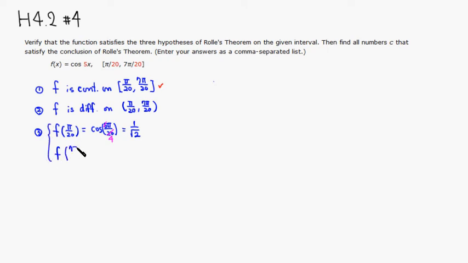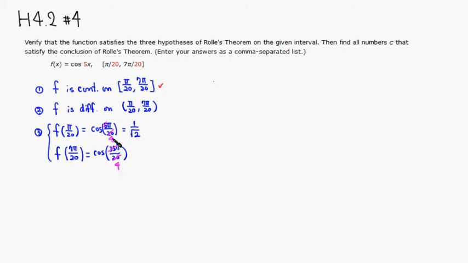And how about f of 7 pi over 20? That's the right endpoint. That's going to be cosine of 5 times 7, so it's 35 pi over 20. But we can simplify it and divide by 5, so it's 7 pi over 4.